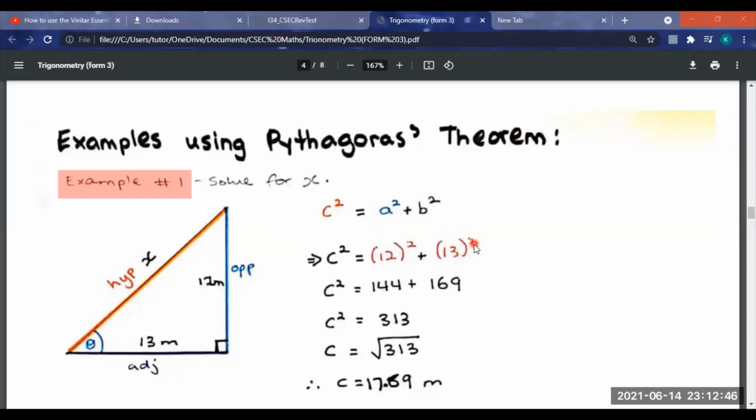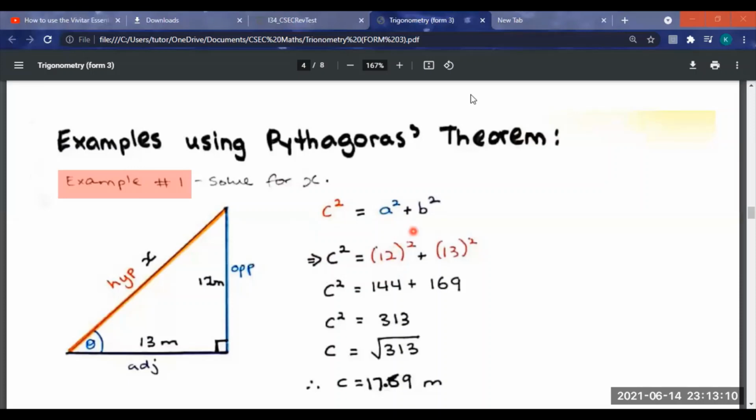The formula is c squared is equal to a squared plus b squared. A is 12, b is 13. This symbol means implies, meaning you're going from one step to another with your working. It comes in handy for different questions, but we'll discuss that another day. So c squared is equal to 12 squared plus 13 squared.